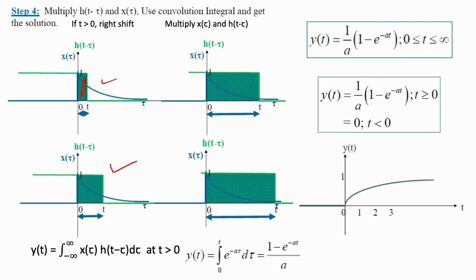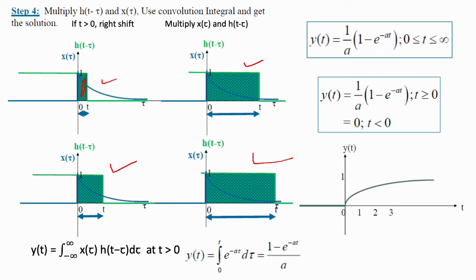Still here also. For cases 1, 2, 3, 4, the lower limit is 0 for all the 4 cases, and the upper limit is t. Look at the formula, the upper limit is t. What is the amplitude? For h of t minus tau, the signal amplitude is 1.